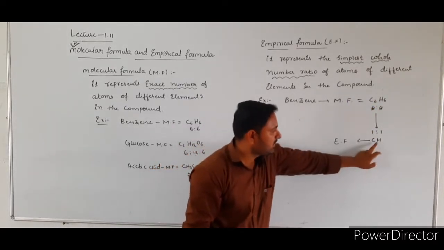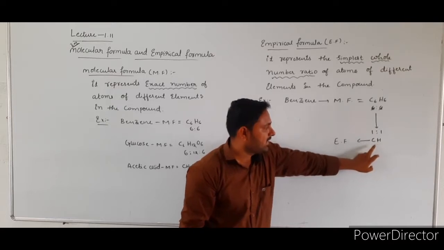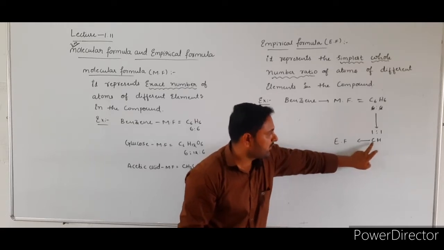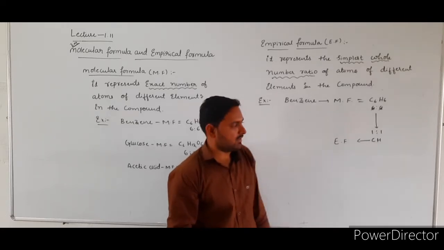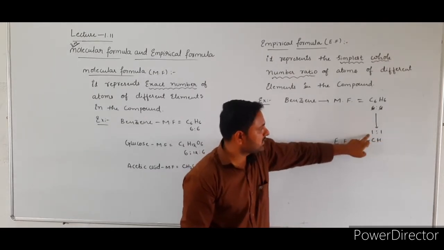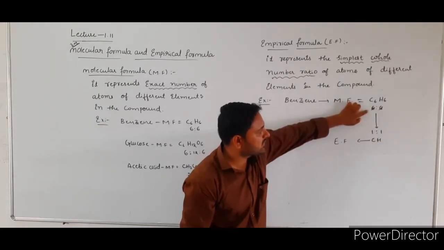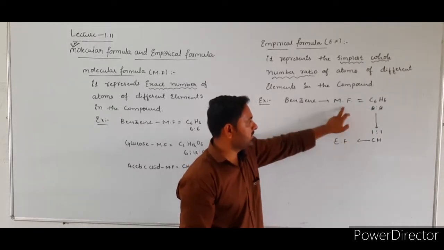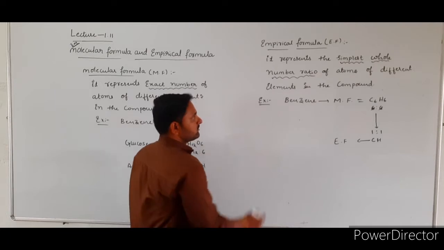But empirical formula represents the simplest whole number ratio of carbon and hydrogen. The simplest ratio is 1:1. To get the simplest ratio, you have to divide by a suitable number.